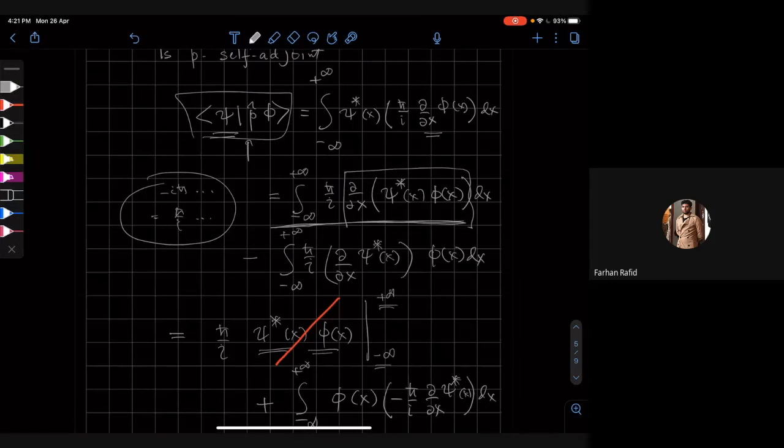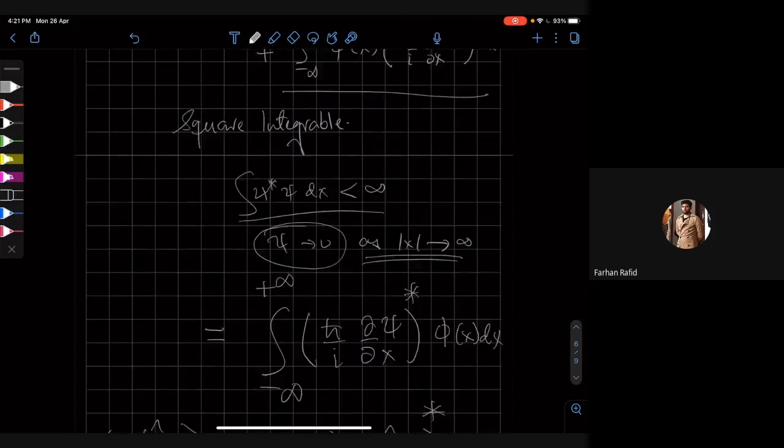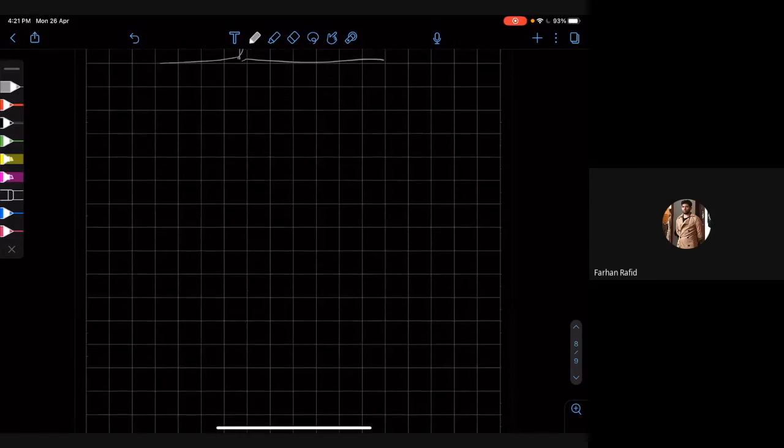So how does that move? This is called integration by parts: d over dx of psi star phi is d of psi star dx times phi plus psi star times d phi dx. Oh, I got it. So this is called integration by parts. Okay, good. Anything else?